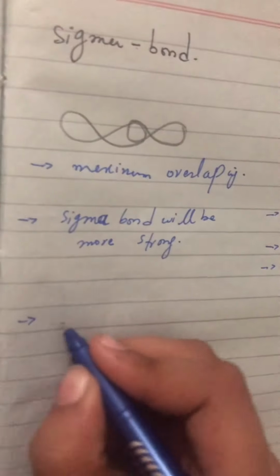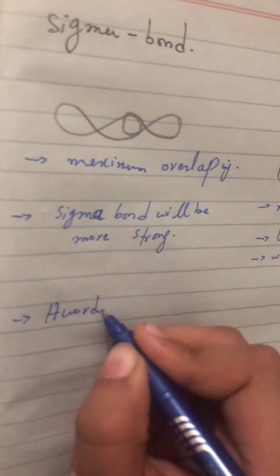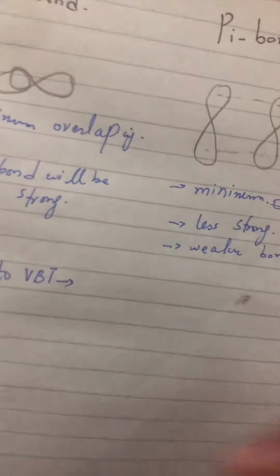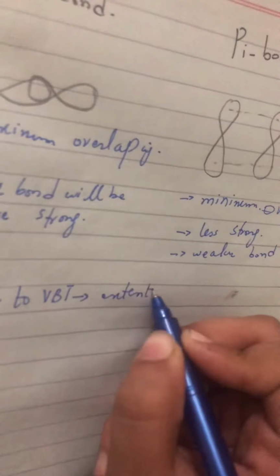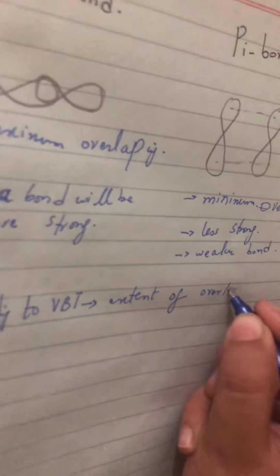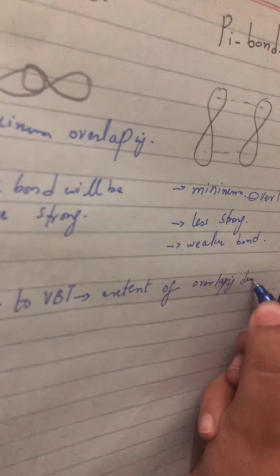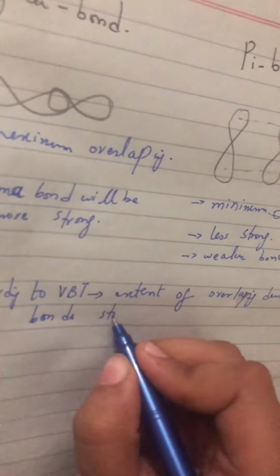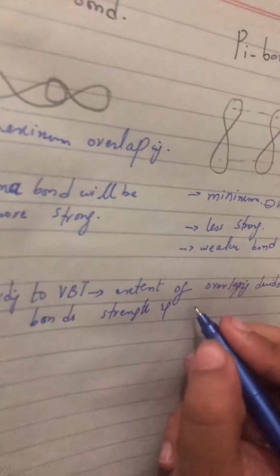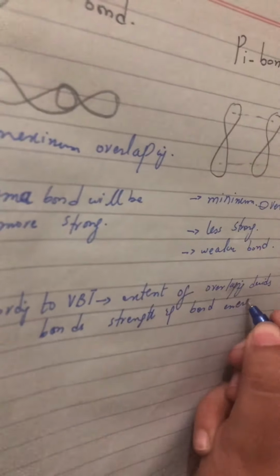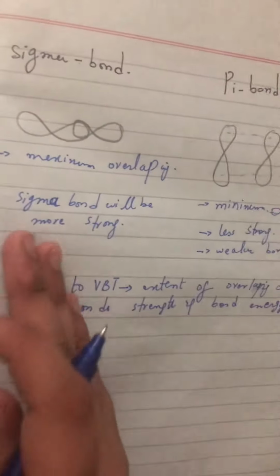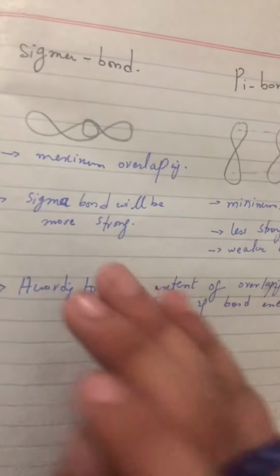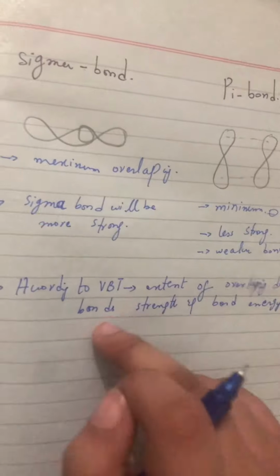After that, another point is that according to VBT, valence bond theory, the extent of overlapping decides bond strength and bond energy.